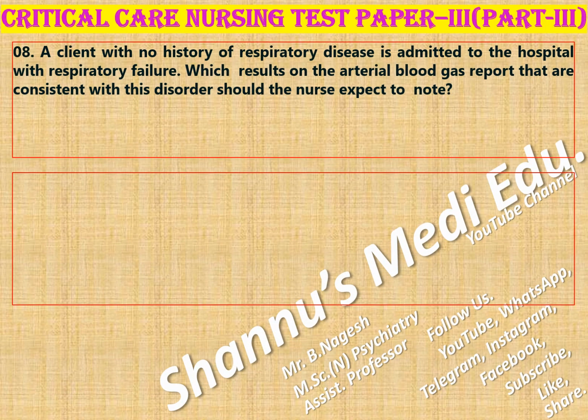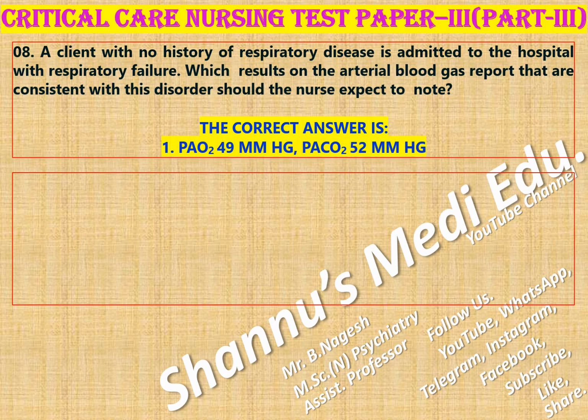The eighth question: a client with no history of respiratory disease is admitted to the hospital with respiratory failure. Which results on the arterial blood gas report that are consistent with this disorder should the nurse expect to note? The correct answer is PaO2 49 mmHg, PaCO2 50 mmHg.